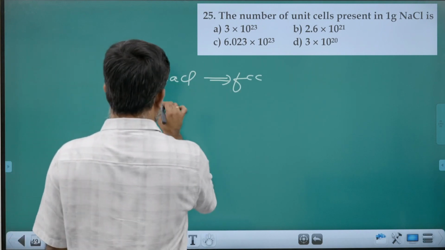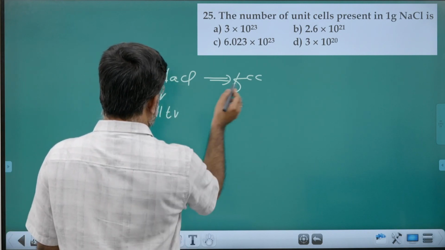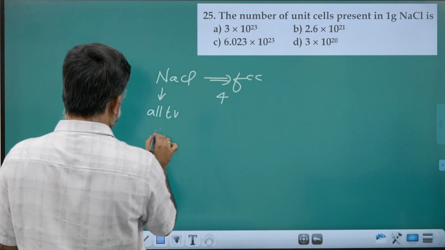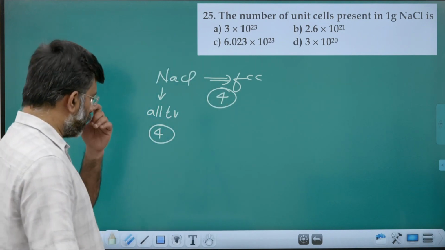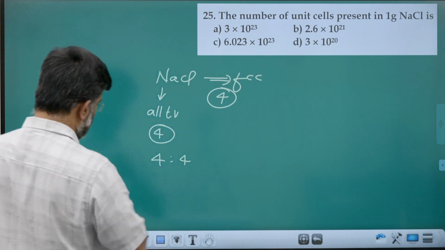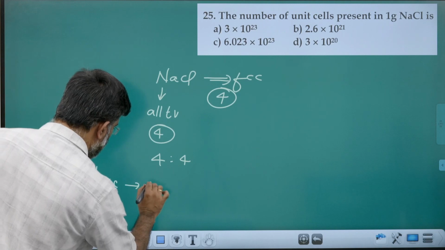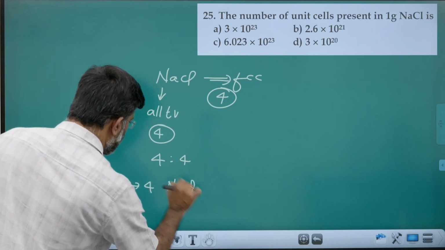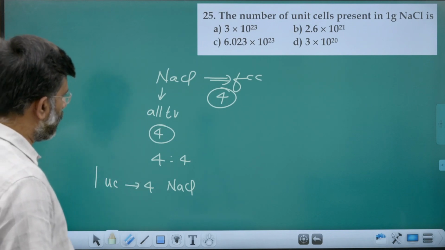Chlorine goes for FCC and sodium is present in all octahedral voids. Chlorine 4 and sodium 4. It is actually 4-4 combination. That means 1 unit cell contains 4 NaCl.